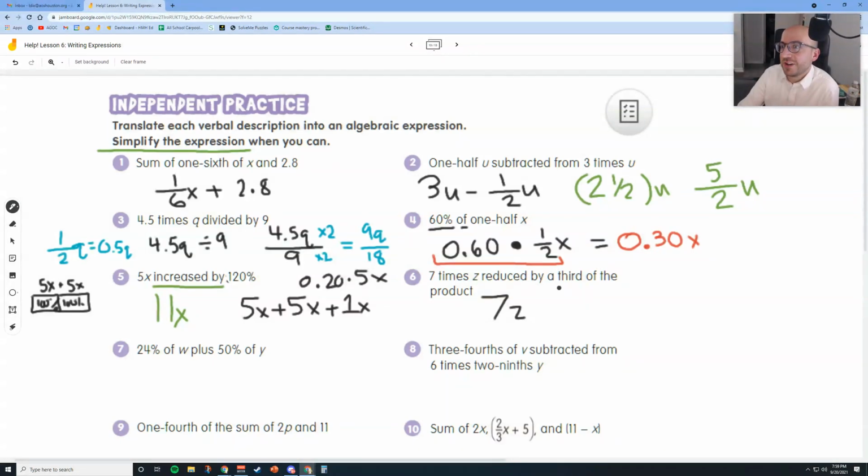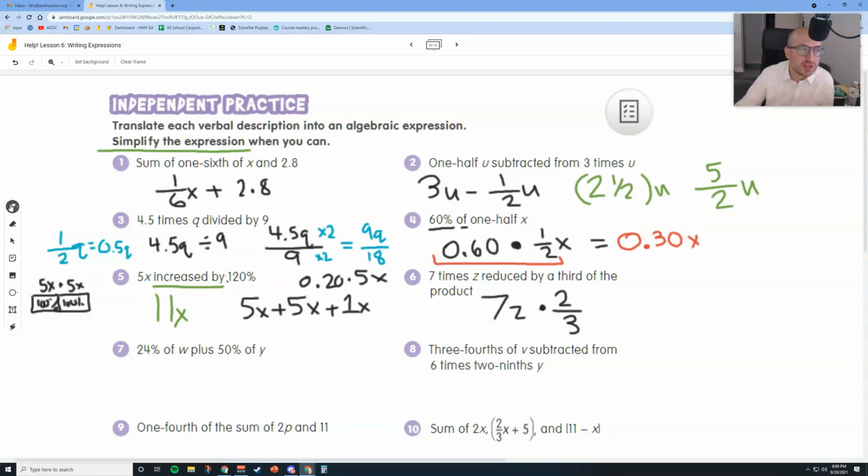So not a third. We're going to pretend this is the amount, and we're going to chop off a third of it. So low key, if I'm reducing it by a third, I'm finding what is 2/3 of it. I just have to laugh because that is so hard to understand.